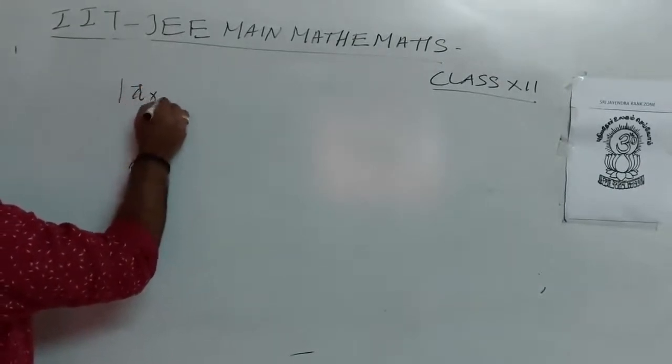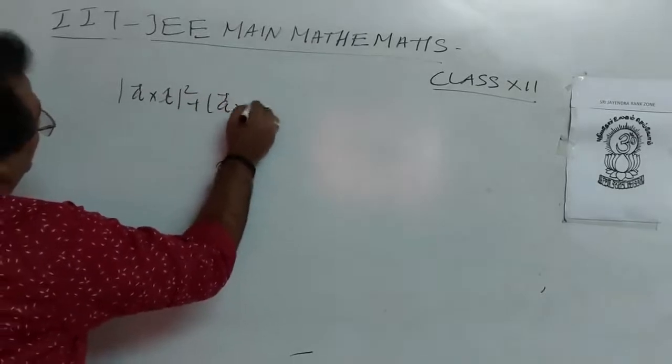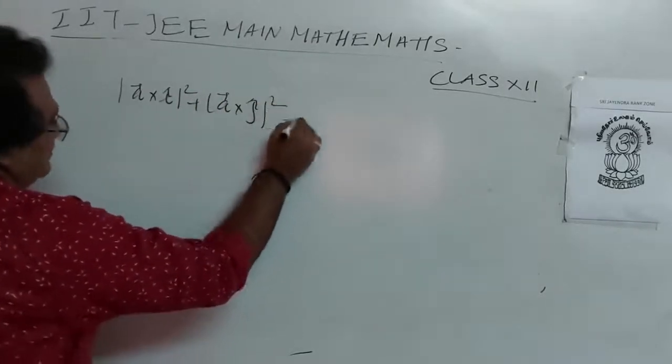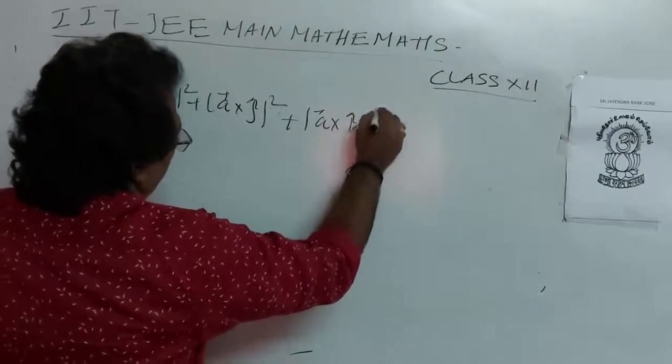For any vector A, modulus of A cross i the whole squared plus modulus of A cross j whole squared plus modulus of A cross k whole squared.